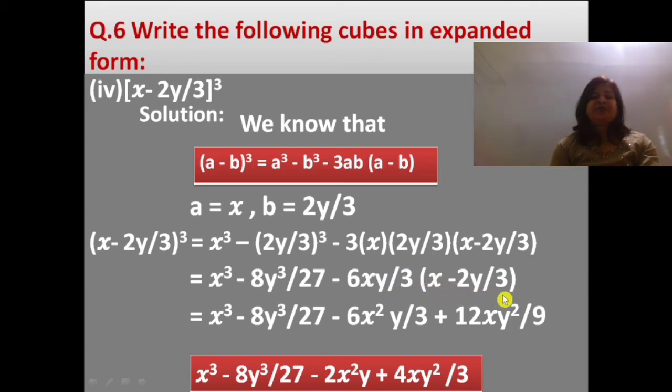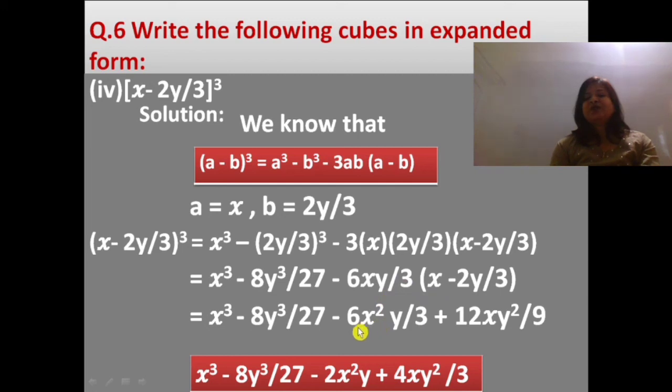Now x³ − 8y³/27 − 6x²y/3, because we have multiplied 6xy/3 into x.